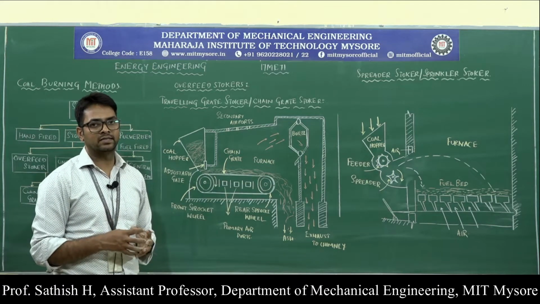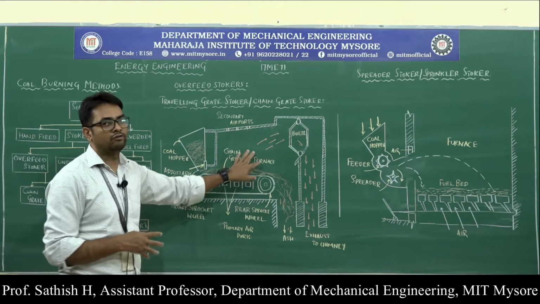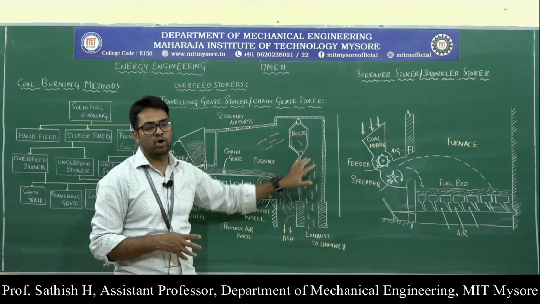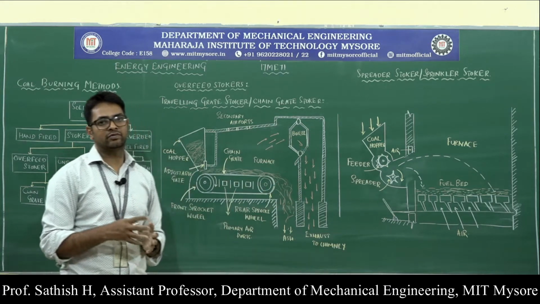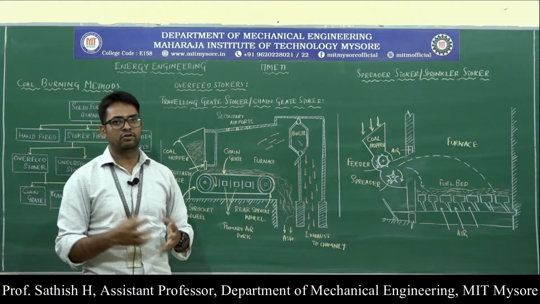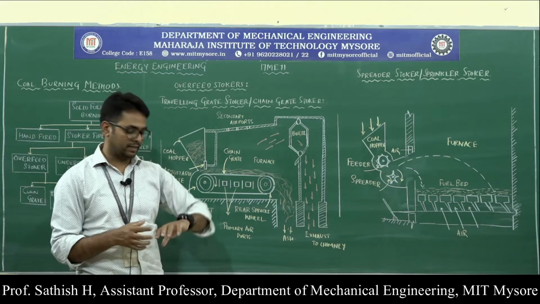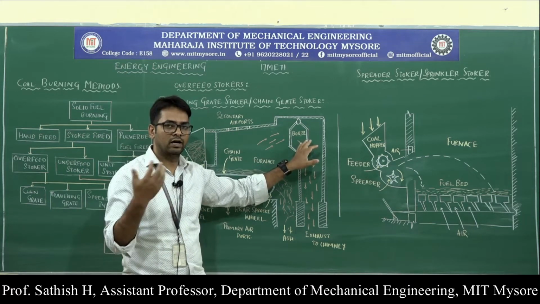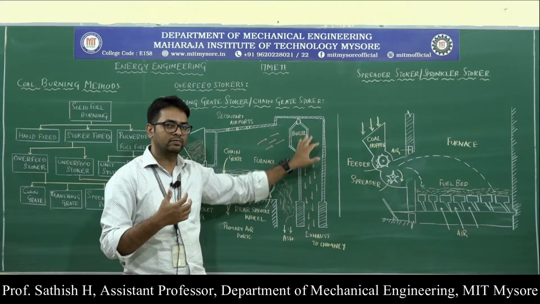How does it take place? The flue gases, which are released after the combustion of the coal, pass over these boiler tubes. The heat transfer takes place between these flue gases and the water or liquid which is flowing inside the boiler tubes.